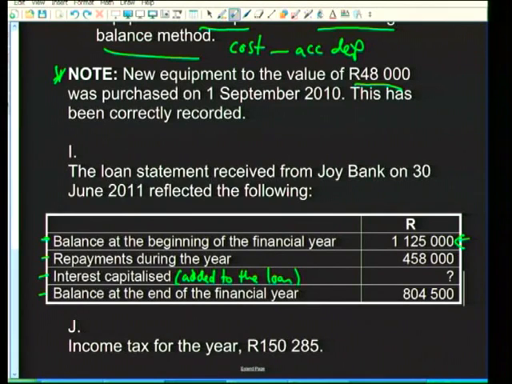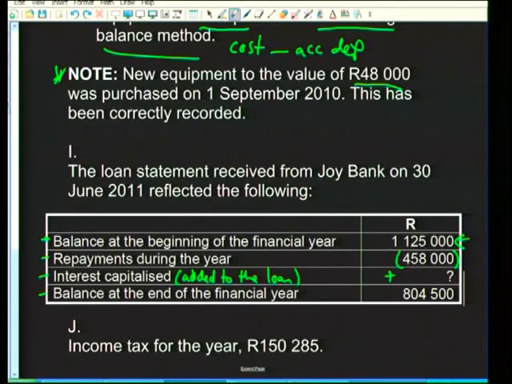Then we repaid 458,000. So if we repaid 458,000, we would have subtracted this amount from the loan because we don't owe that amount anymore, we have repaid it. Then there was interest which should be added to the loan, and since we don't know what the interest is, we can put an X in there.